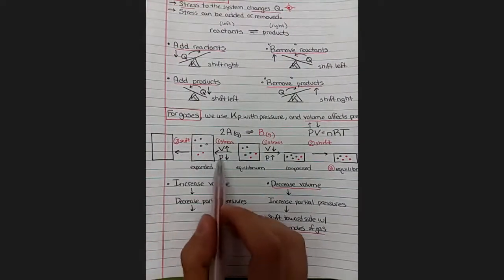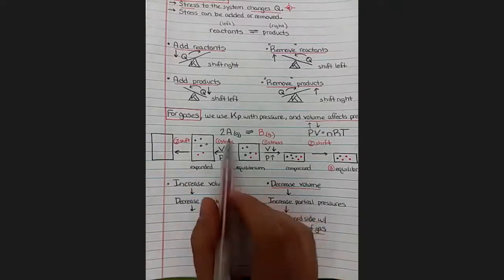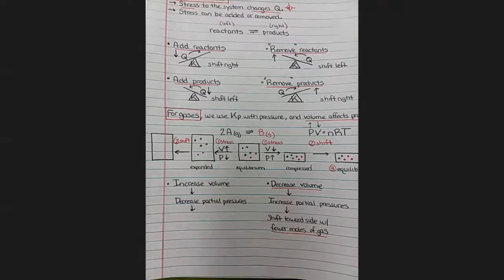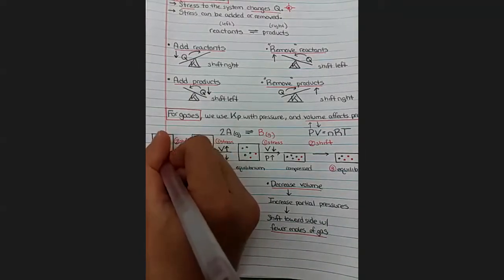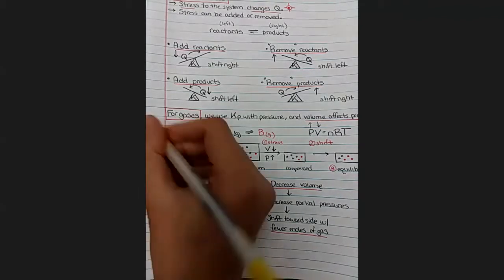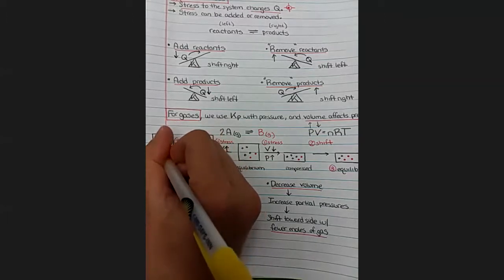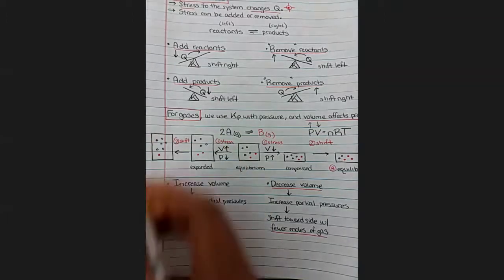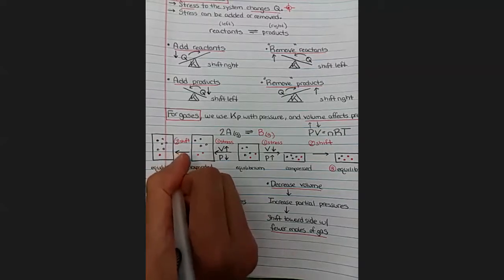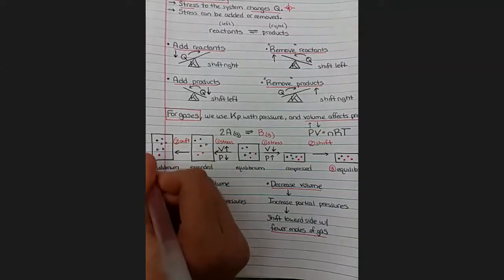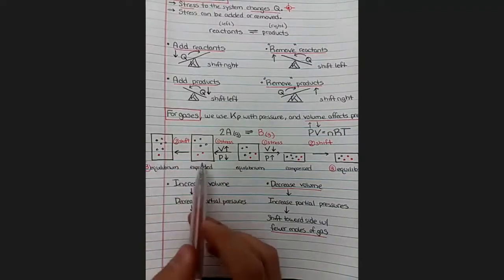If we decreased the pressure for the stress, the shift would increase the pressure by shifting towards the side with more moles of gas. So we're going to take away some of our B, and we're going to add more of gas A. And we're going to reach equilibrium again. Now there are 7 particles in the container instead of 6.